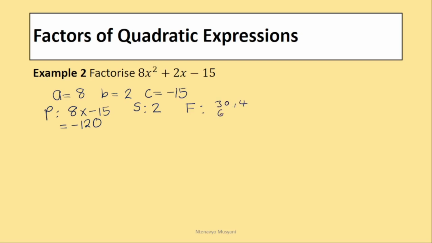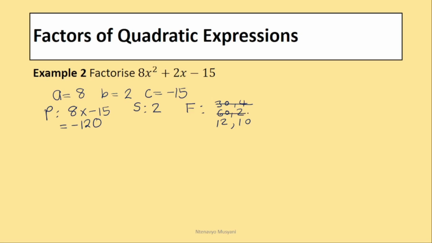We can have 60 multiplied by 2 give us 120. We can also think of 12 and 10. 12 by 10 will give us 120. But we need factors such that when you add those two factors, they're going to give you a 2.